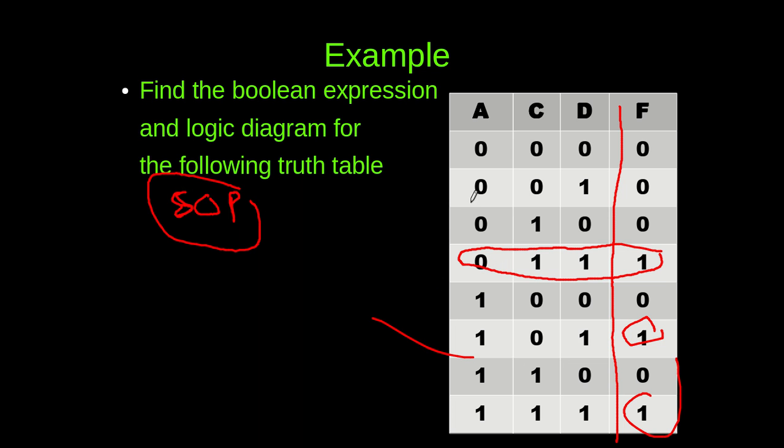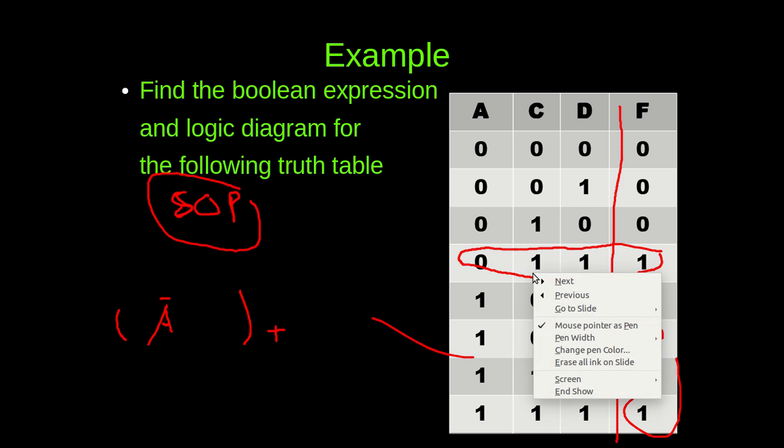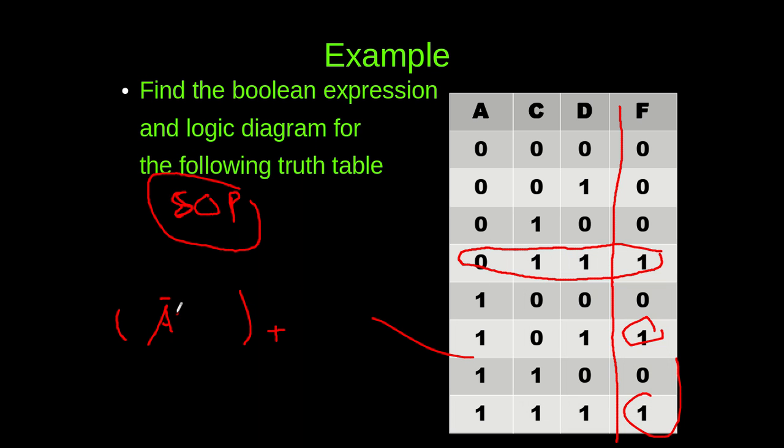So this is going to be what? 0 meaning A naught, and sum of products. This is products, and this is sum of products. Think of it that way. So A naught, C, and D, which is 0, 1, 1.